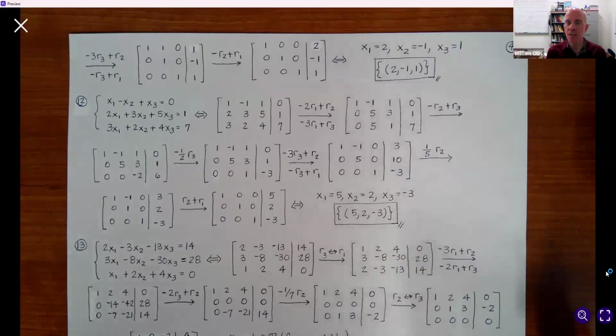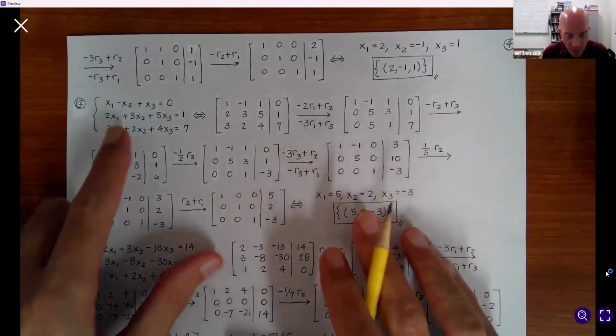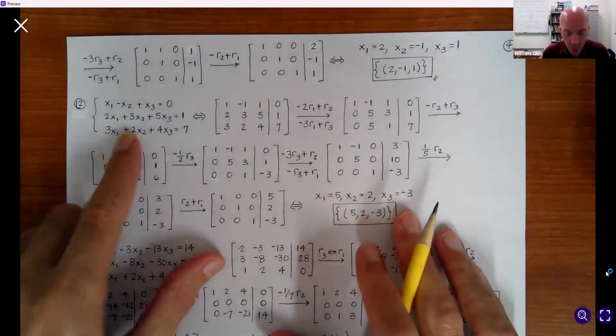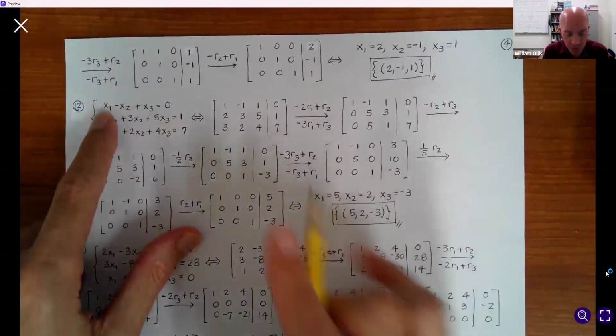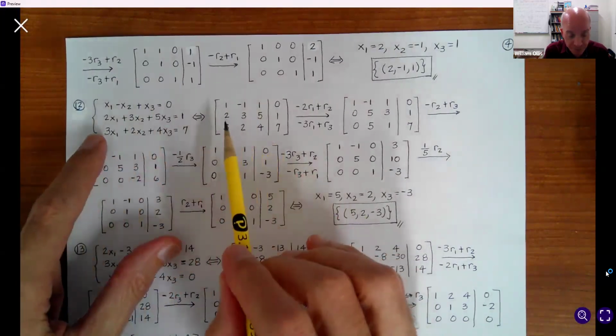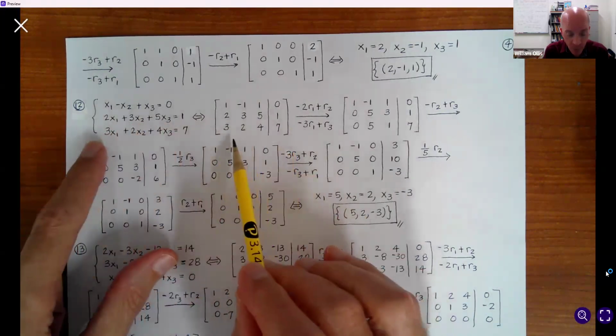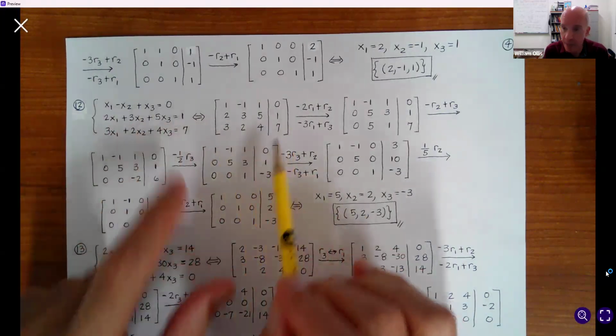I'll say this, in order to get comfortable with the reduced matrix, we have to now let that be our goal. Now, of course, we start with the system and we form the augmented matrix. So we have the 1, -1, 1, 0. Then we have 2, 3, 5, 1. And then we have 3, 2, 4, 7.